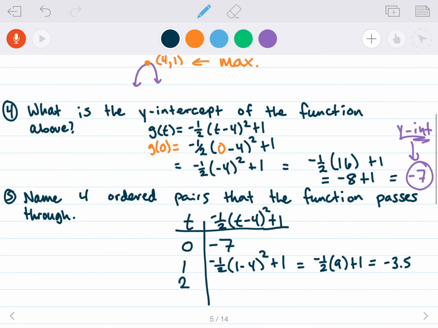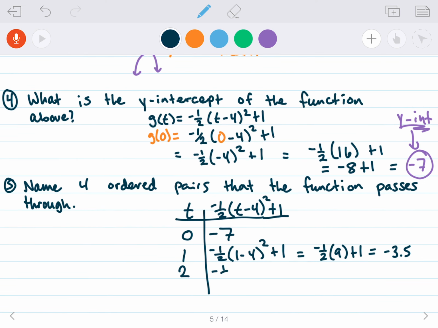For 2, I'm just plugging in 2 for t. So this time I have negative 1/2 times (2 minus 4) squared plus 1. I'm just going to put this in the calculator again. Yeah, and this is going to give me negative 1, I believe.